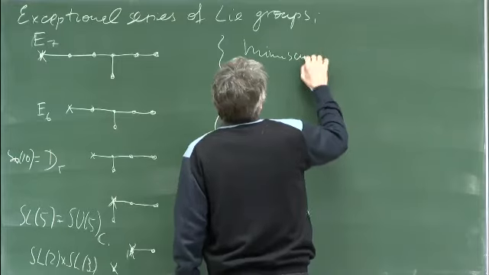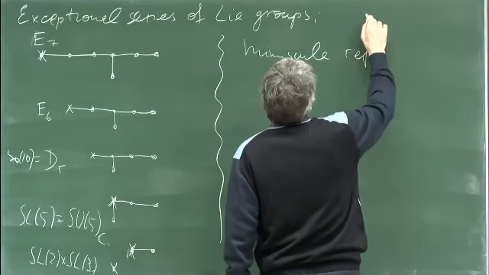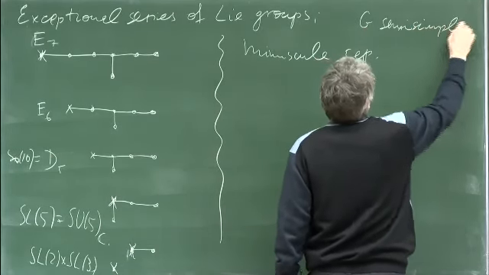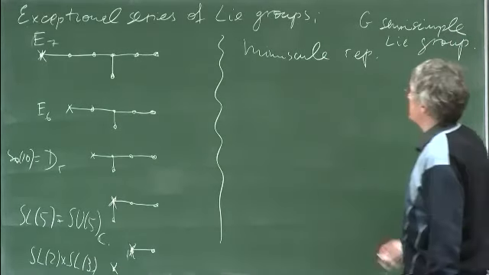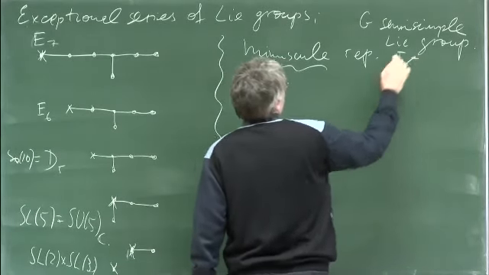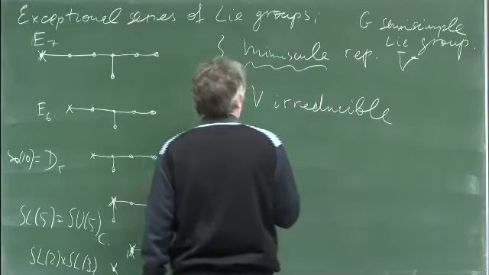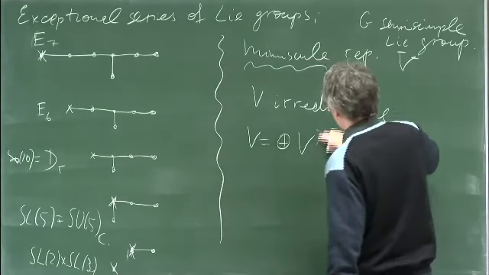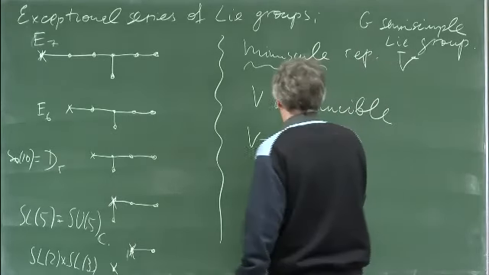Minuscule representation. So we have some semi-simple Lie group G. A representation is said to be minuscule if, first, V is irreducible, and second, V is decomposed into the sum of its weight spaces with respect to chi, where chi are characters of the maximal torus.